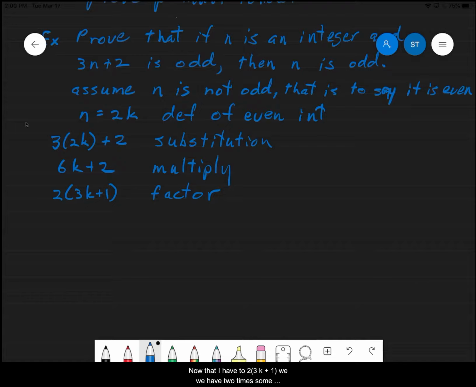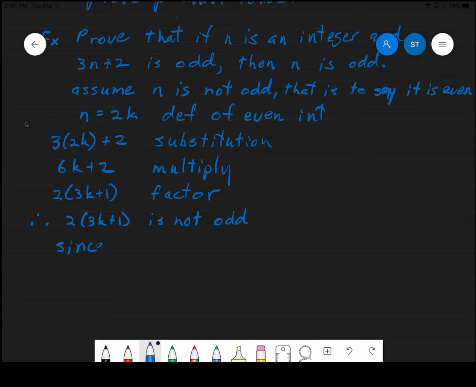Now that I have 2 times 3k plus 1, 3k plus 1 is simply some number. So we have 2 times some number. That means that this is in the format for an even number. Therefore, 2 times 3k plus 1 is not odd.